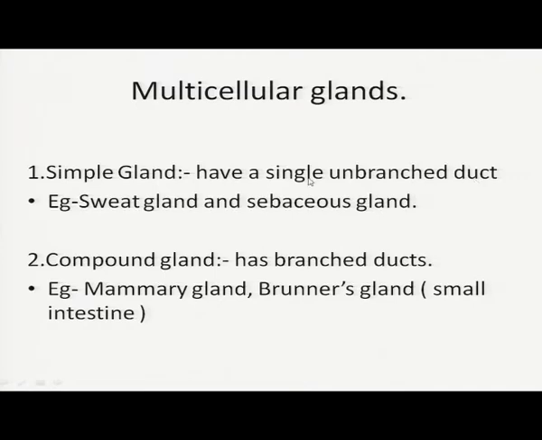Since it has a single, unbranched duct, this type of gland is known as a simple gland. Example, sweat gland present in the skin and sebaceous gland again present in the skin. So, these two are typical examples of simple glands with a single and unbranched tubular duct.